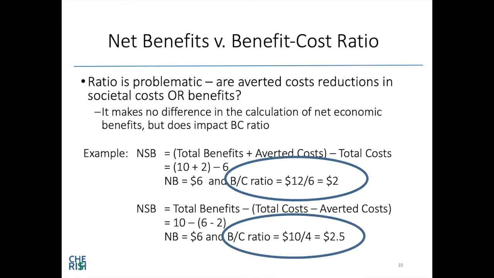You can see the different answers in these 2 examples on the slide, where one benefit-cost ratio gives an answer of $2 and the second gives an answer of $2.50. The consensus is it is better to use the net social benefits metric as the primary cost-benefit analysis result.